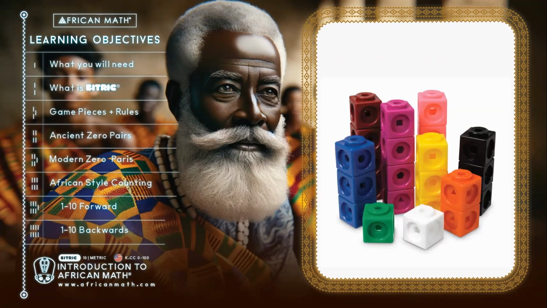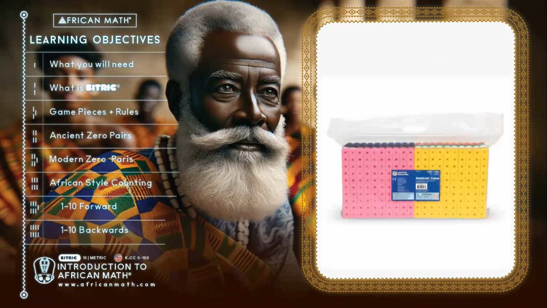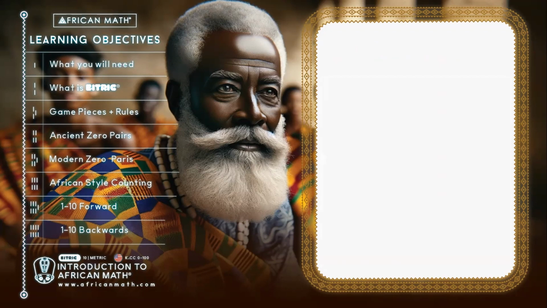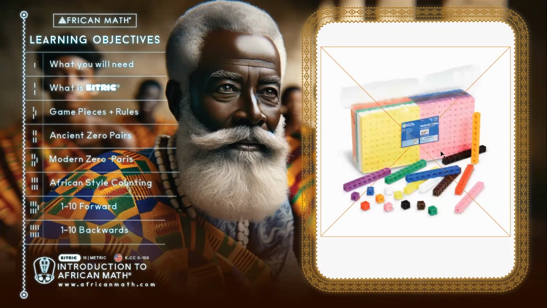And they're very popular. Make sure that when you get them, you get the ones that connect on all sides. They have to be able to connect on the top and on the bottom and on the sides. That's very important. Some just connect top and bottom. Make sure you get the kind that connect top and bottom and on the sides.